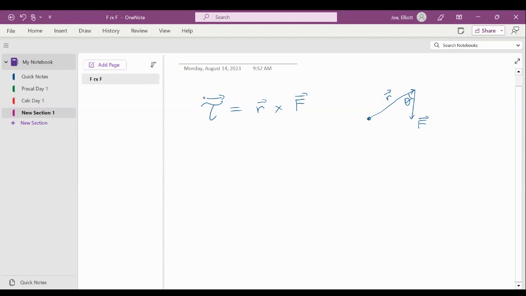Or really, technically you want to keep R and F together. So R and F would really be here. And for the sake of the cross product, the angle between them is this bigger angle right here.